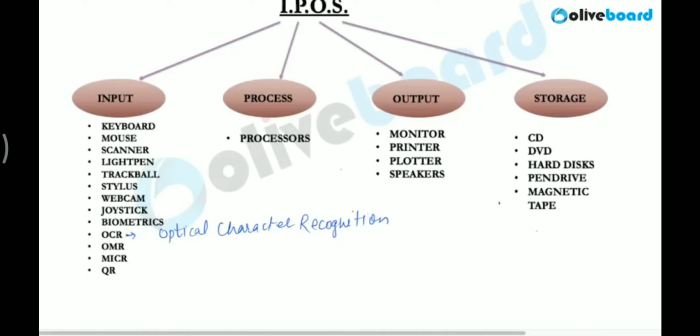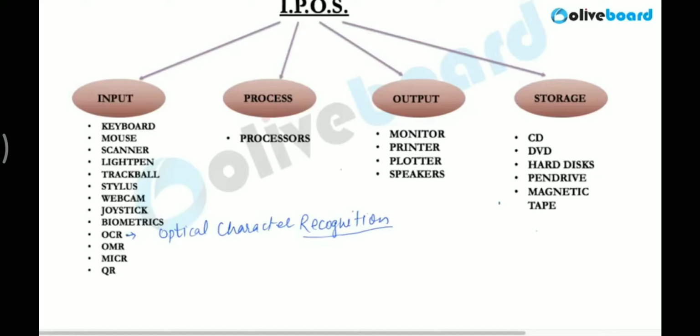Please mind this last word, recognition. We do not call it optical character reader. You can call it any name, optical character reader or recognition, but whenever it comes as a question in your exam, you'll always go for the optical character recognition option.